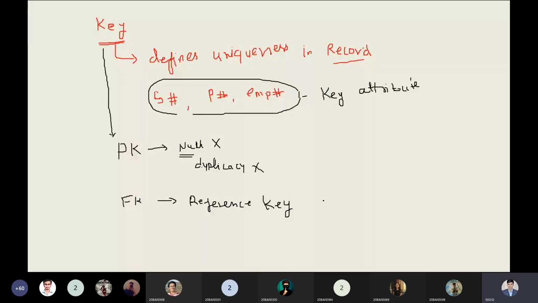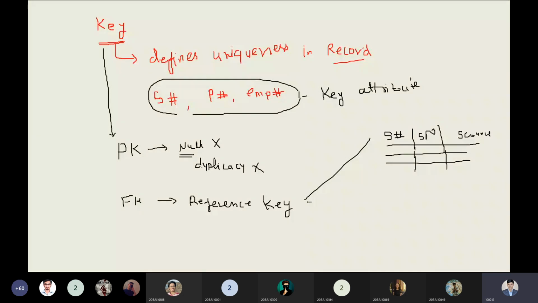So this is the example I can take here. See this example. Student number we have, student name we have, and student course in which she or he is registered. So these are the three attributes I am taking only. Right now I'm not talking about the records, I'm just talking about the attributes. Next table we have is faculty.